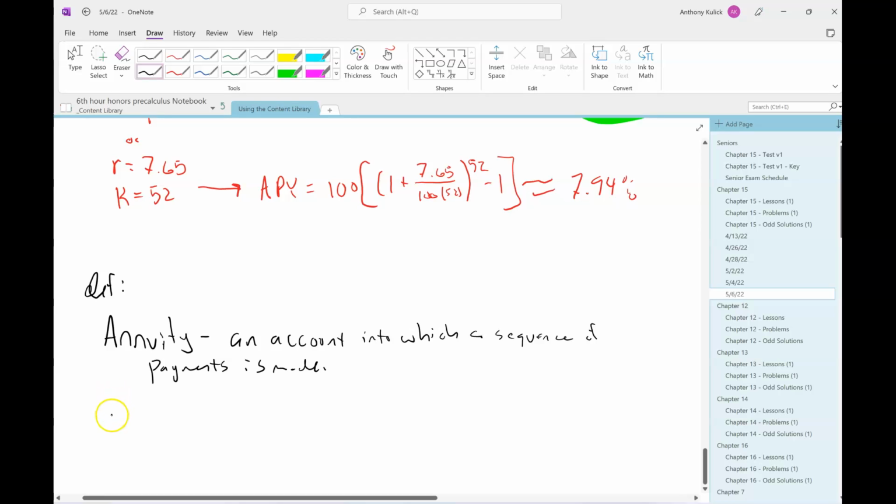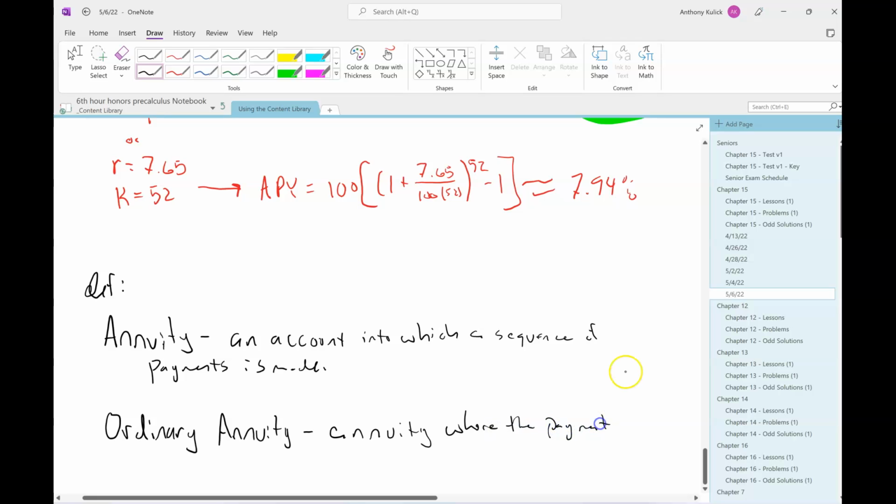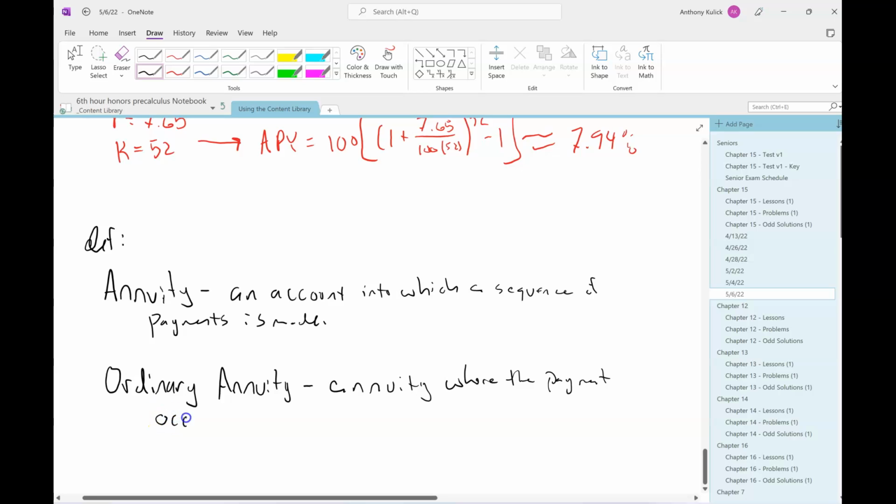And what we're going to be interested in this course is something called the ordinary annuity. So this is an annuity where the payments occur at the same time and for the same amount.